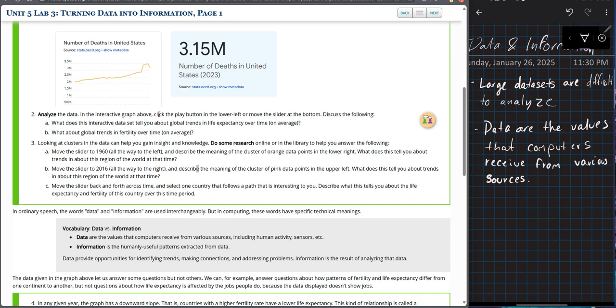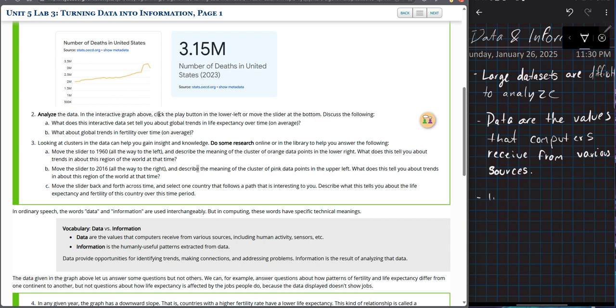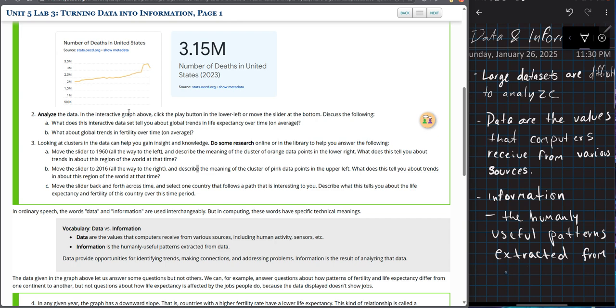That's the information. So, information means what can you extract from the data? What sense can you make out of what you see? So, the humanly useful patterns extracted from data.